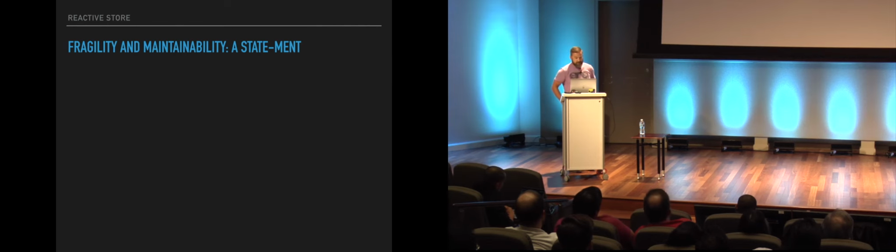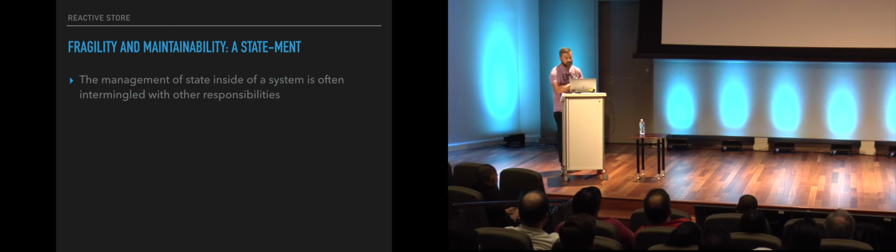So let's talk about fragility and maintainability, which is one of the big problems we have in our massive view controllers. We are given a feature to write, and we have to add some new behavior to our view controller, and we don't even know where to start. I will read directly from the slide, which you're not supposed to do, but I will, because I'm a poor presenter.